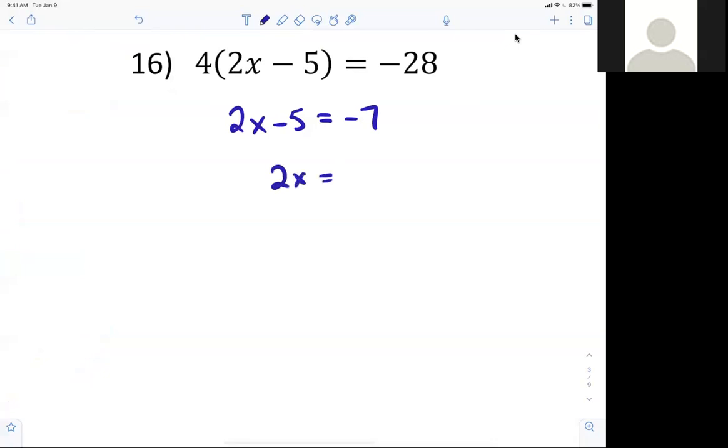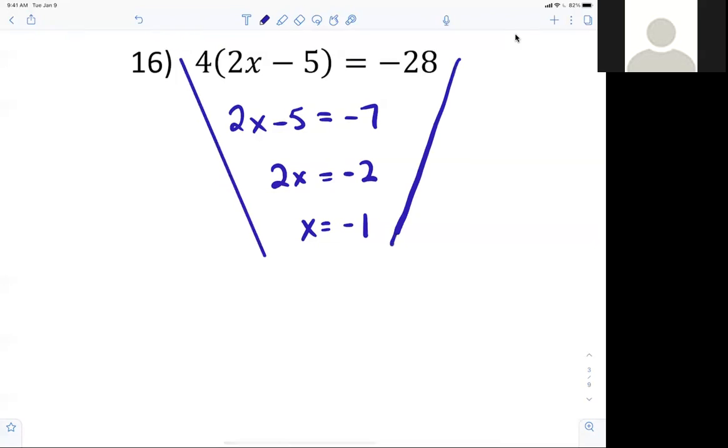So 2x equals -2. And so x equals -1. Please take a look at that. I think that should be mental math. You're not allowed to just write x equals -1. You're supposed to write the equation so it funnels down, so it's nice, neat, and organized.